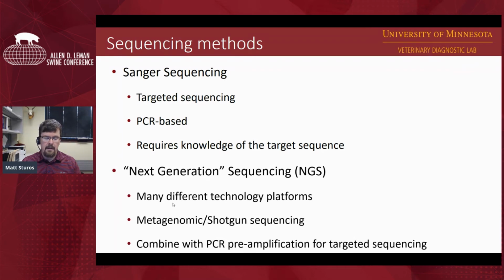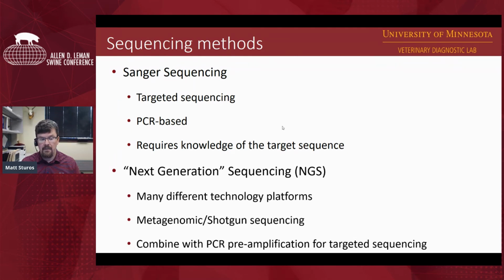And when I talk about technology platforms, it might be short reads. When I say short reads, I mean it could be 75 base pair reads that it's looking at, maybe up to 500, somewhere around there. Or it could be long read technology where you're looking for thousands of base pairs at a time. Those might be Illumina, it might be PacBio, it might be MinION.